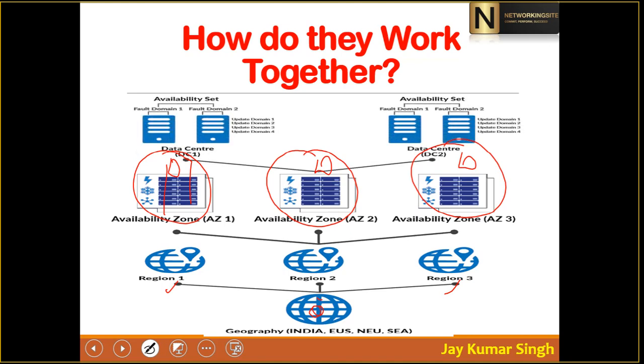Sorry, inside an availability zone you will find data centers, and inside a data center you have to implement availability sets. Availability set means whenever you create a server, those servers will be separated across multiple servers automatically. But you have to create them; it will then be separated across multiple servers automatically.